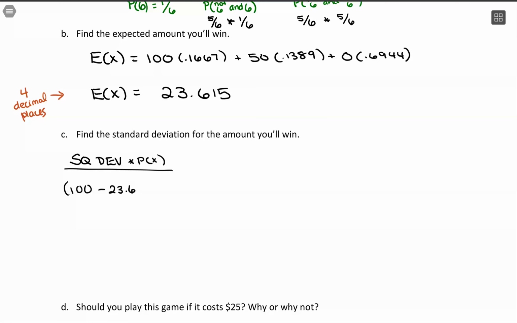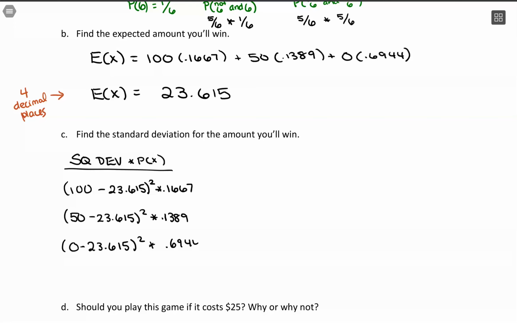So 23.615 squared times its probability of 0.1667, and then 50 minus the expected value squared times its probability of 0.1389, and 0 minus 23.615 squared times 0.6944.